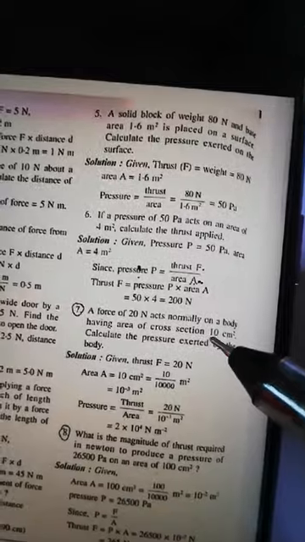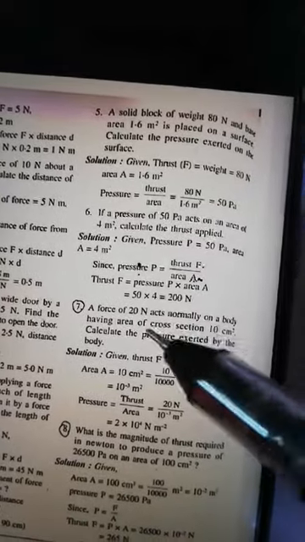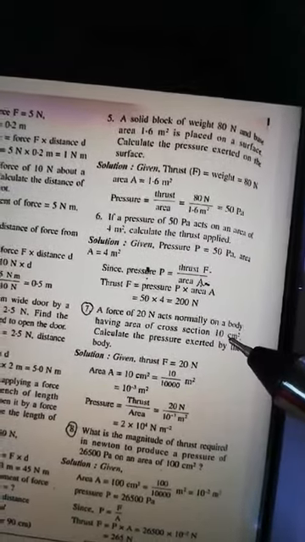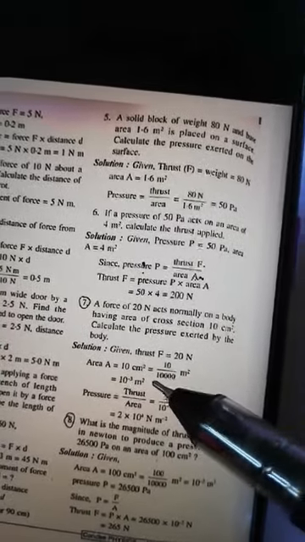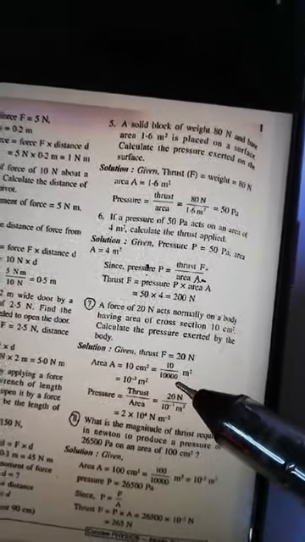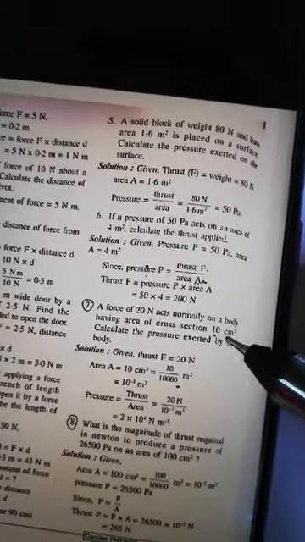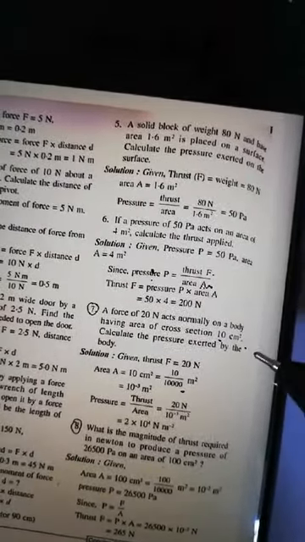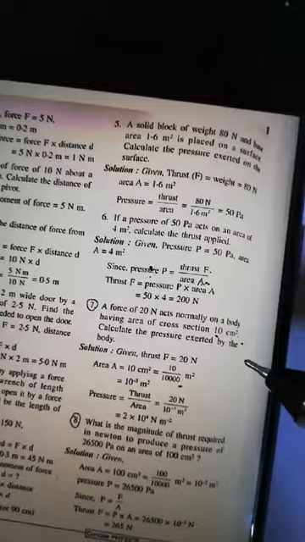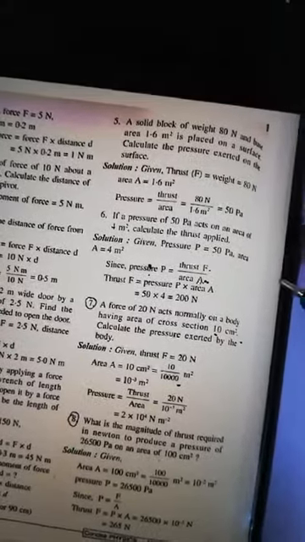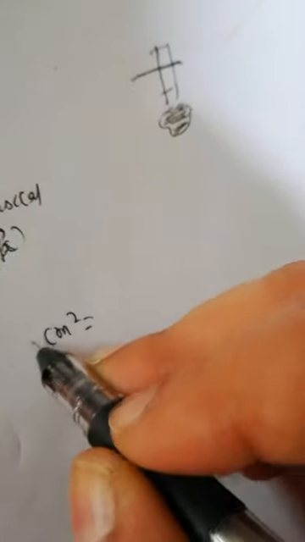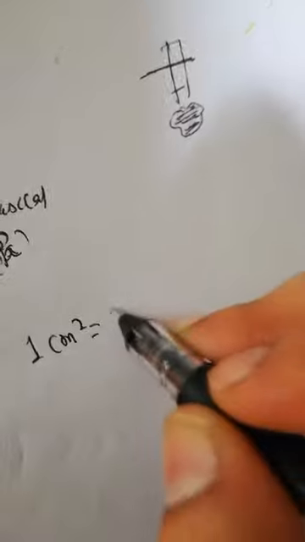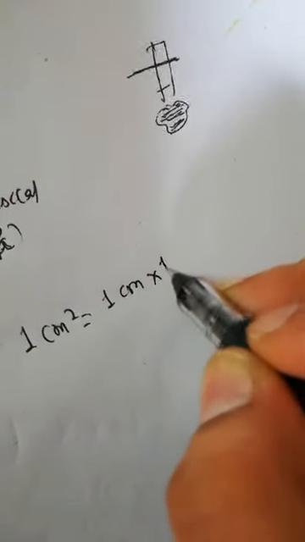With the unit you can make out this is the area, centimeter square. This is Newton, this is centimeter square. So again you have to convert it into meter square. So you need mathematics. 1 centimeter is equal to 1 by 100 meter. Here 2 centimeter square is given, that means if I look into it, it's 1 centimeter into 1 centimeter.